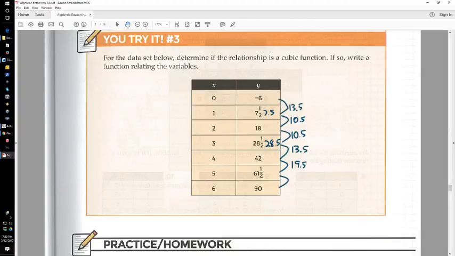So that's 28.5. Okay, so that's your first difference. 10.5 minus 13.5 is negative 3.5. 10.5 minus 10.5 is 0. 13.5 minus 10.5 is positive 3. 19.5 minus 13.5 is... Why am I doing 0.5s on there?